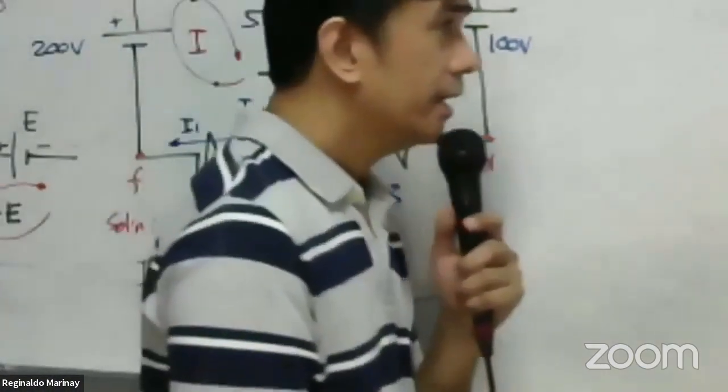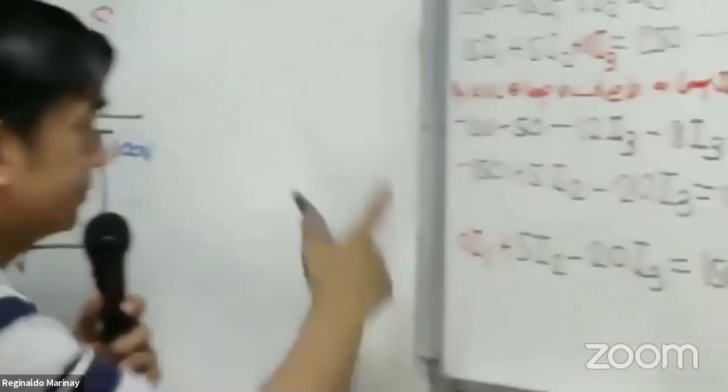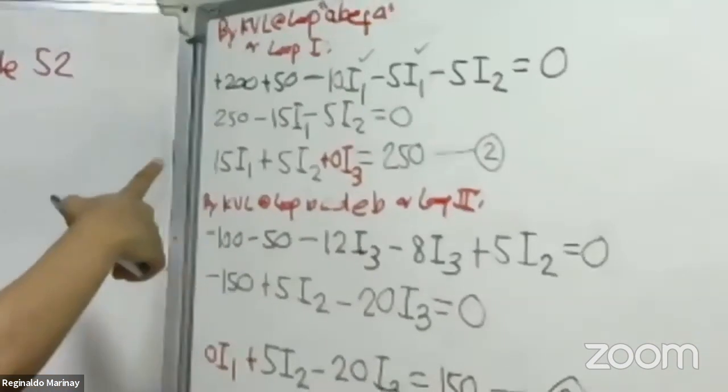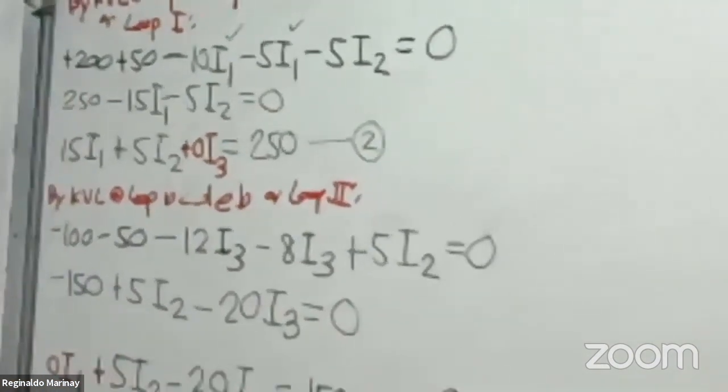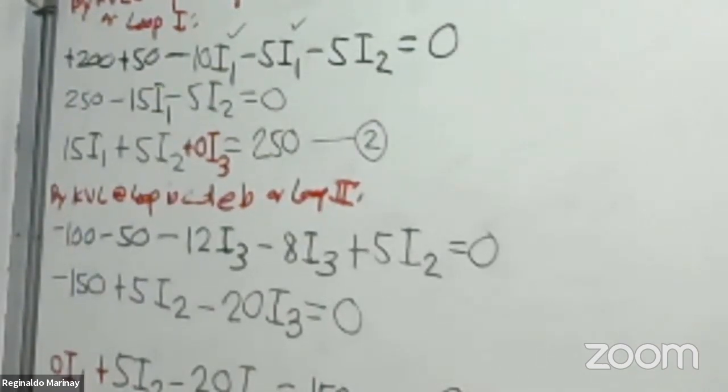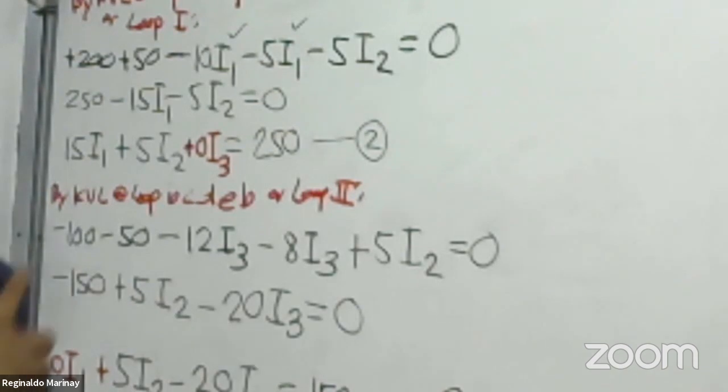Then for equation number 2, we have here 15. Please focus here, 15 equals, so we have here 15, 5 equals, then we have here 0, 0 equals, then we have here 250, 250 equals.